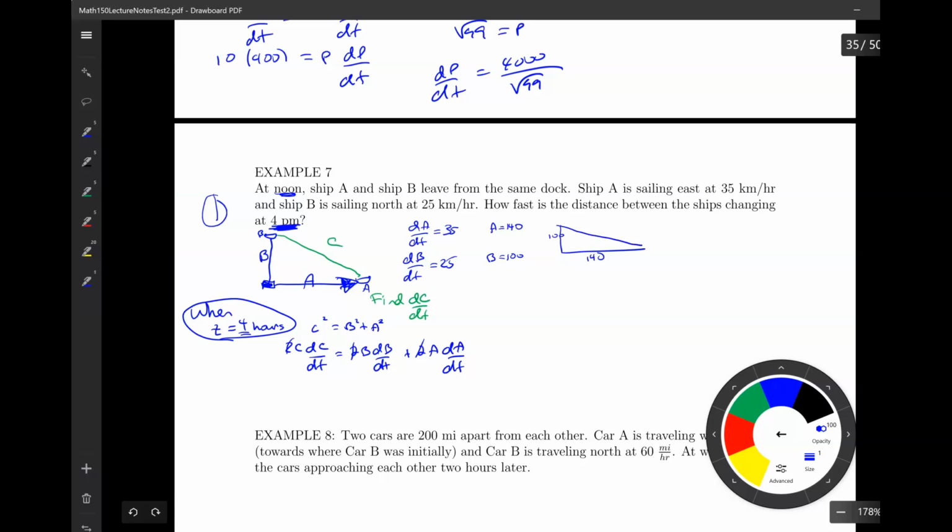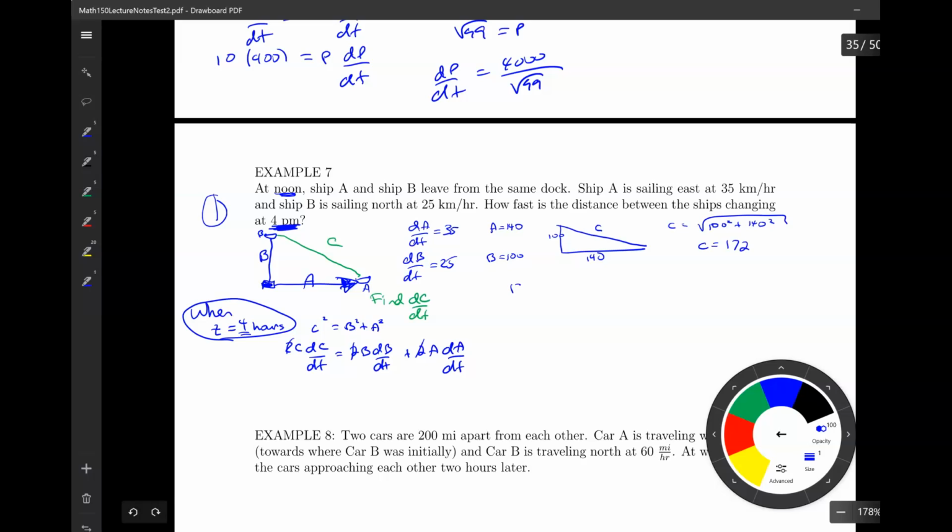Here's 140. To find out what C is equal to, that will be the square root of 100 squared plus 140 squared. So let me go figure that out. And that gives me about 172.